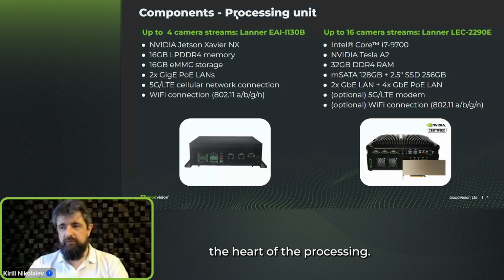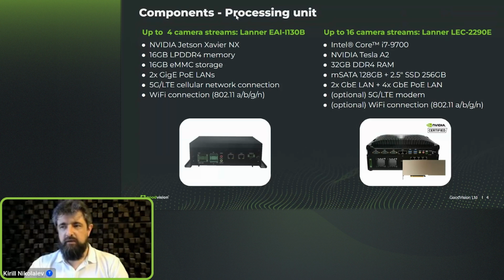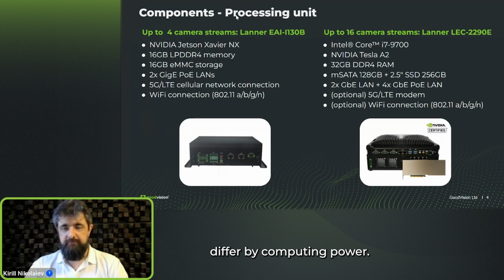The heart of the processing, the heart of live traffic, is the processing unit. We support a variety of units. Just to not overload you with multiple options, we narrowed our main offering to 2 units that differ by computing power.